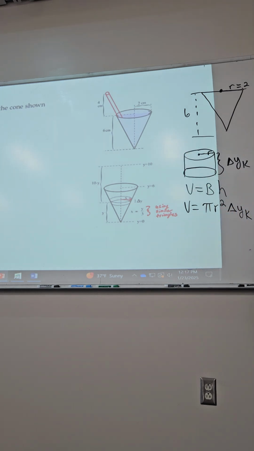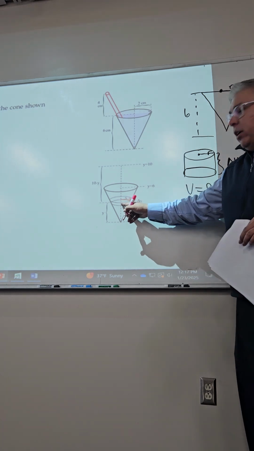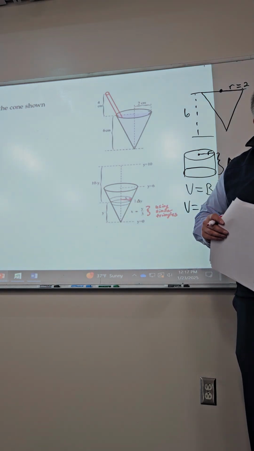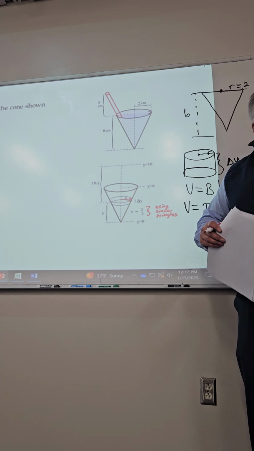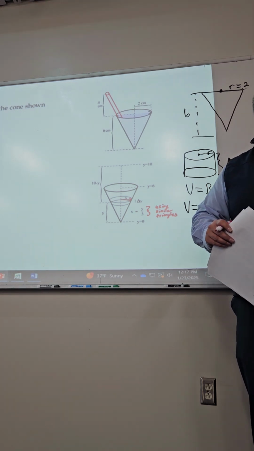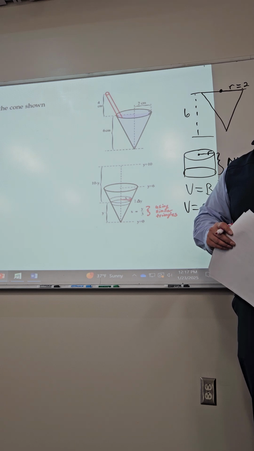But watch this. We're setting up the integral. We're only looking at one disk, but that one disk is a representation, an ambassador, of all the disks being pumped out of the water. We have to set it up with just one disk, which represents all the disks. You understand what I'm saying?